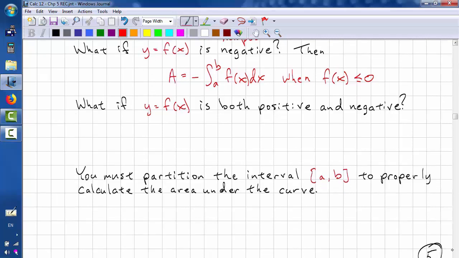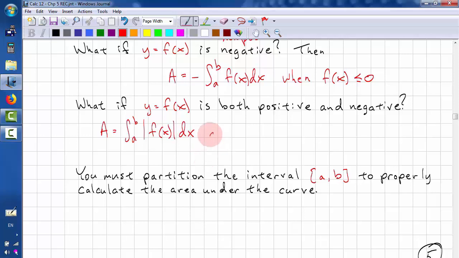And of course, the next natural question is, what if y equals f of x is both positive and negative? So the area equals integral a to b absolute value of f of x dx.